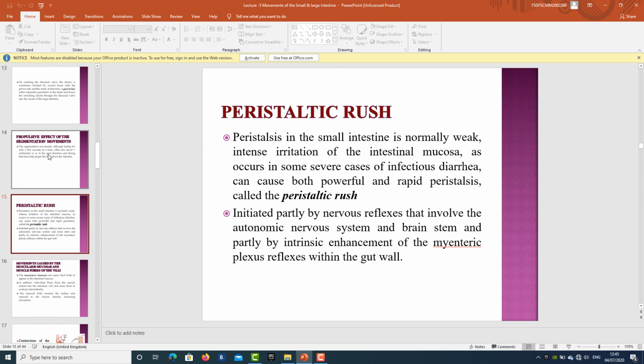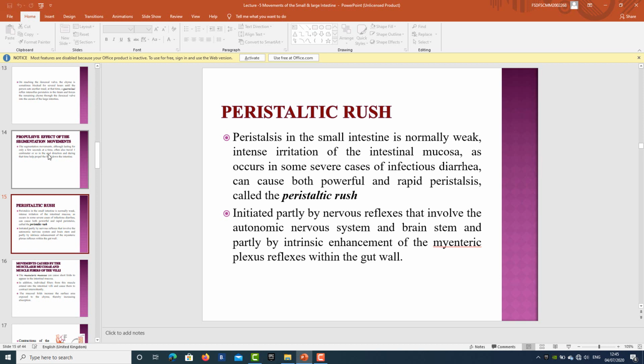Now, at the same time, we should be knowing about this term, peristaltic rush. Peristalsis in the small intestine is normally weak.